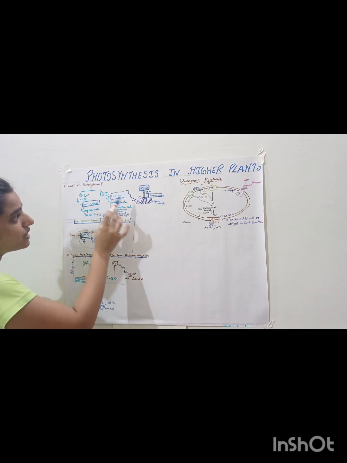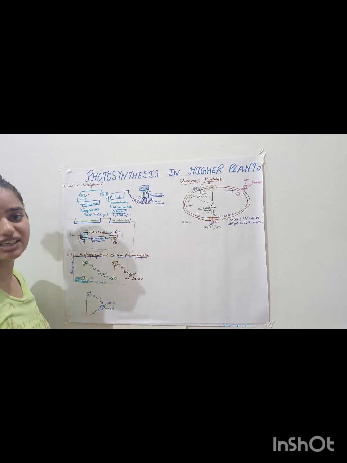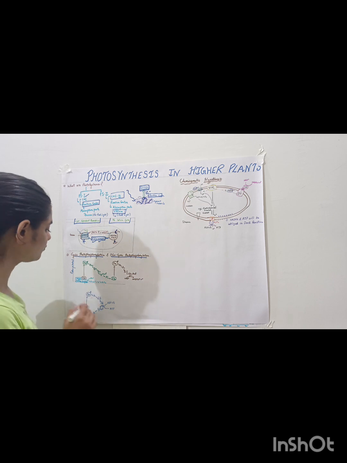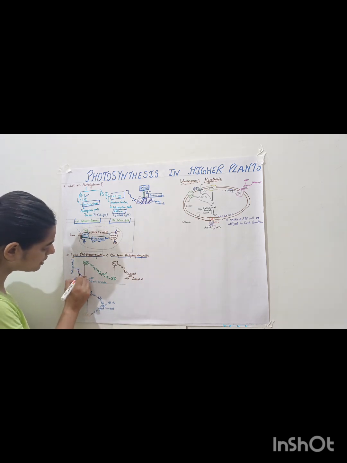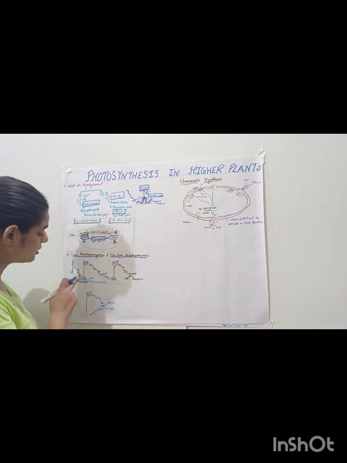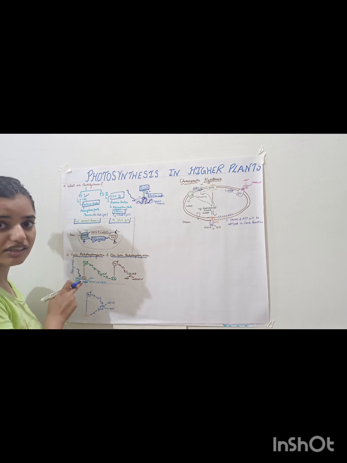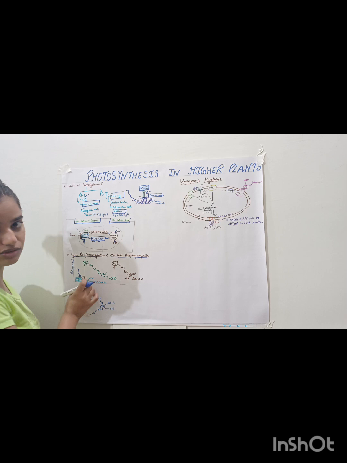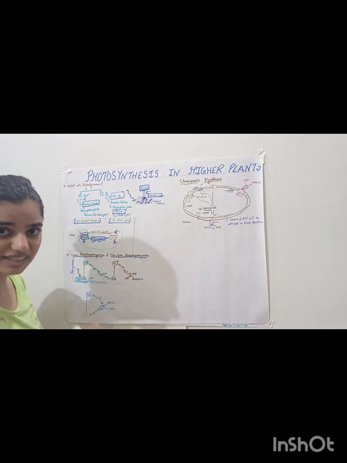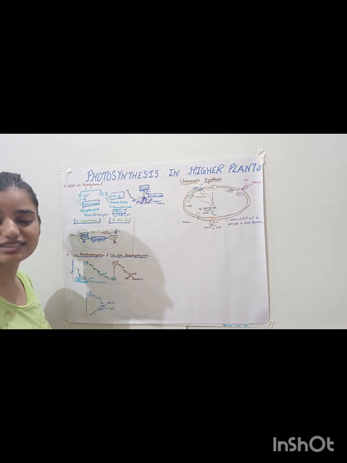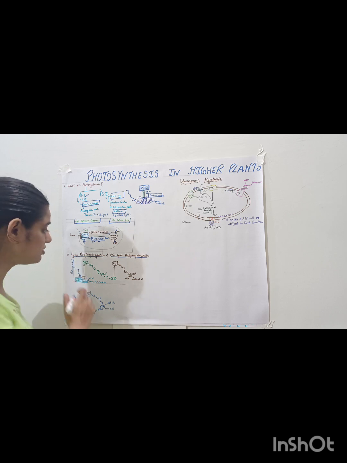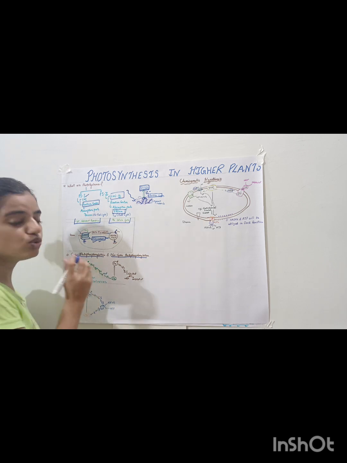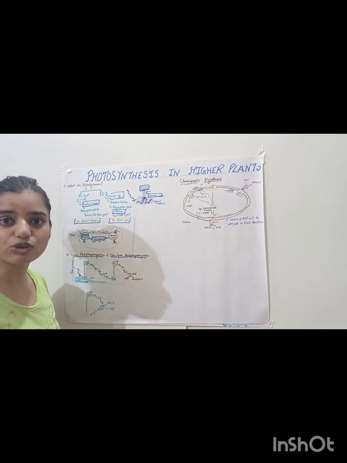Photosystem 2 consists of reaction center 680, which utilizes light of 680 nanometer. When light of 680 nanometer falls, the reaction center gets excited. The accessory pigments transfer the energy to photosystem 2, which gets excited and transfers its electron to the first primary electron acceptor.